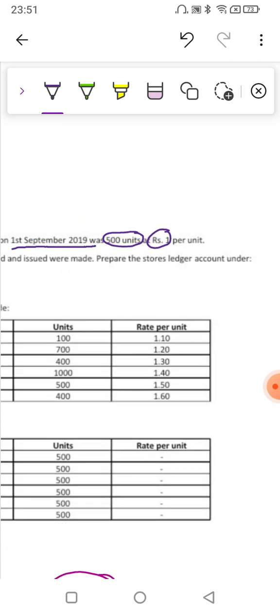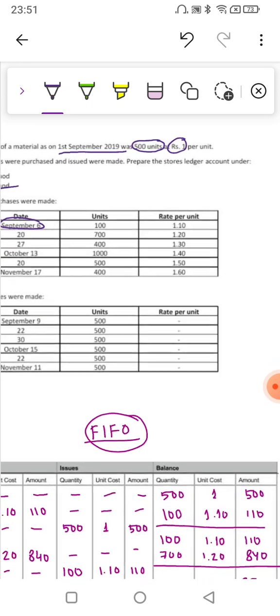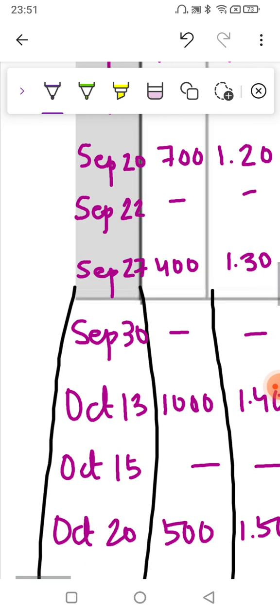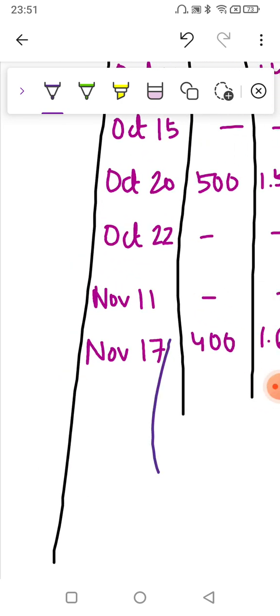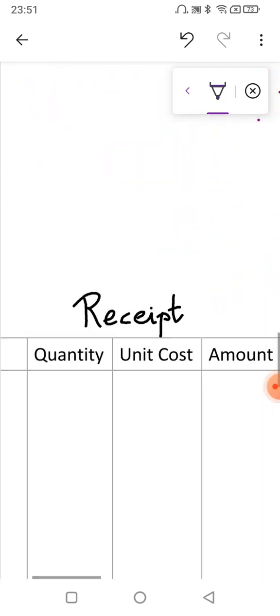So my balance will be 500 units, rupees 1. This was September 1. So I am going to record the first date, that will be September 1.